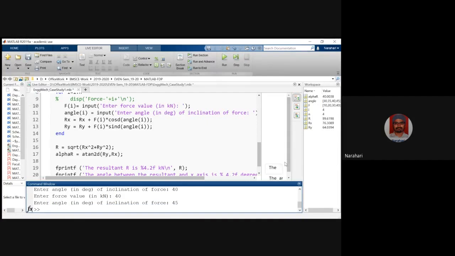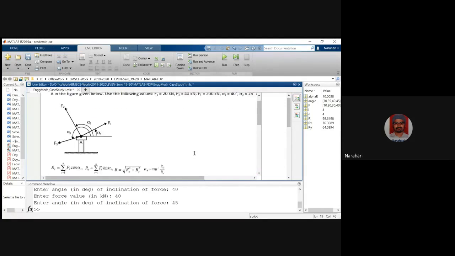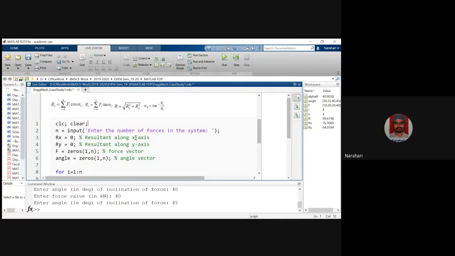You will get the output here. You can see the output is 99.62 kilonewton. Similarly, this one is 40 degrees. So like this, we have created one generic code which we can run for any number of forces, right?